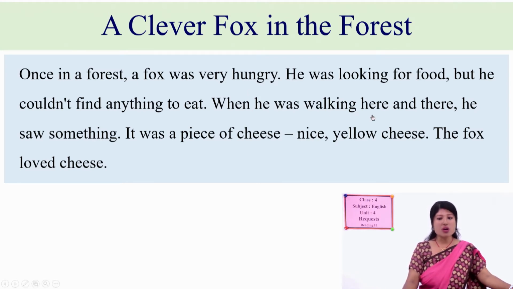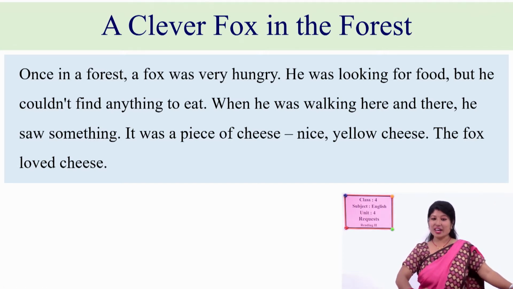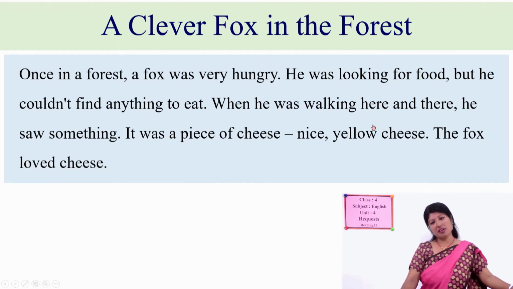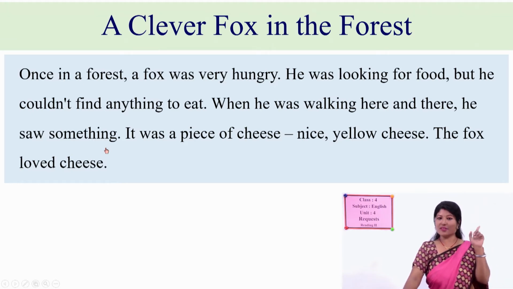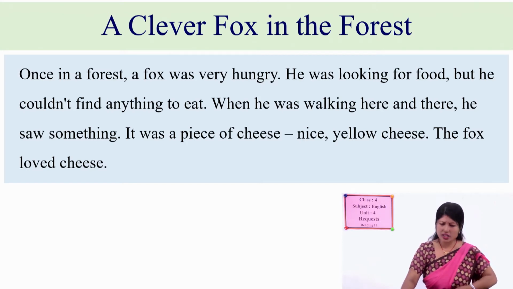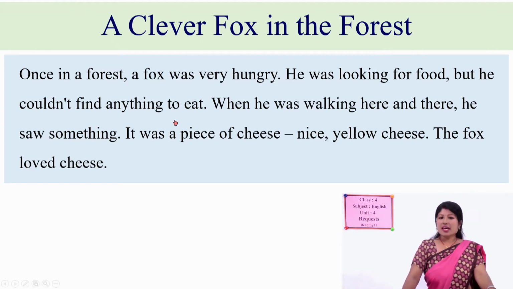When he was walking here and there, see, another guess is also right. What was he doing? He was walking here and there. Walking here and there, feeling hungry, looking for food. Then it saw something. It was a piece of cheese.